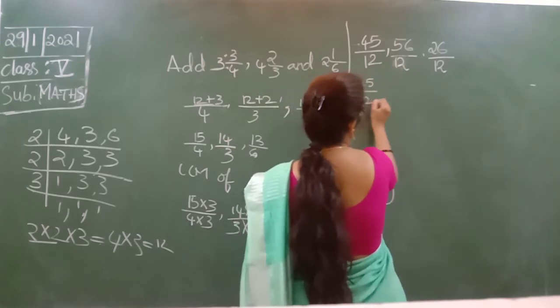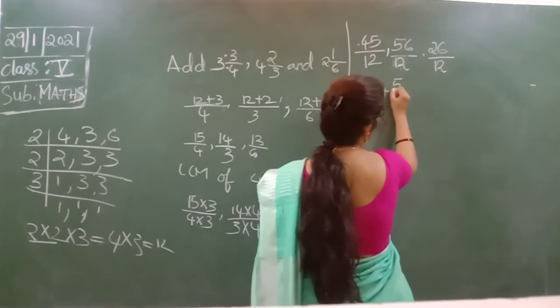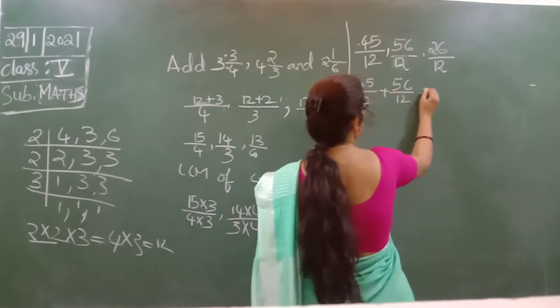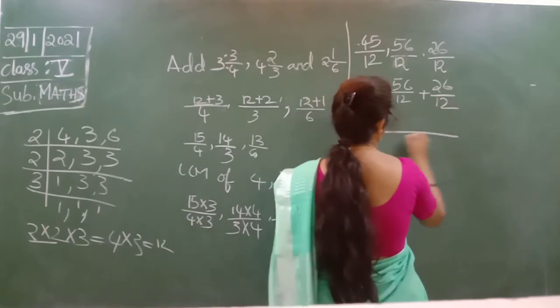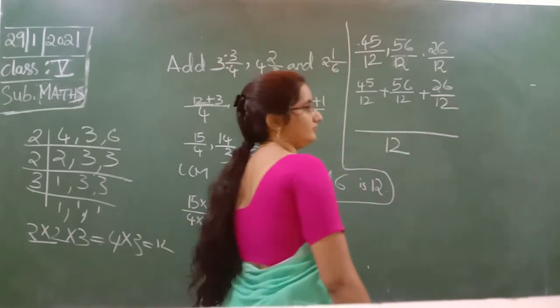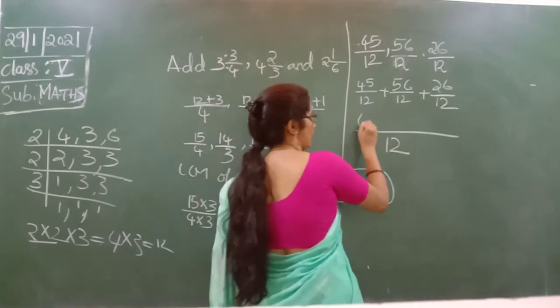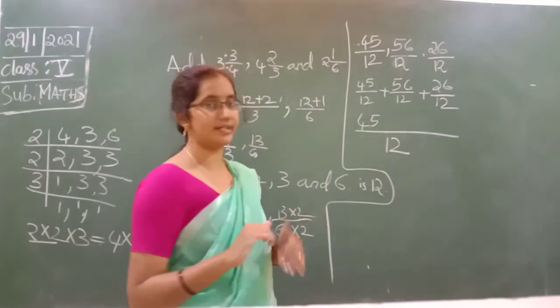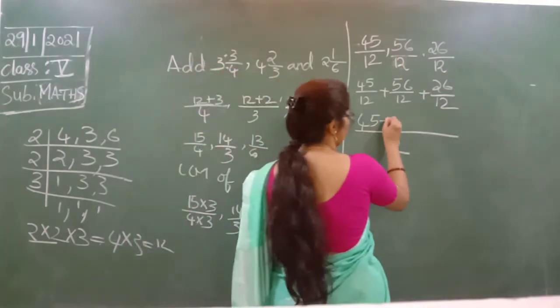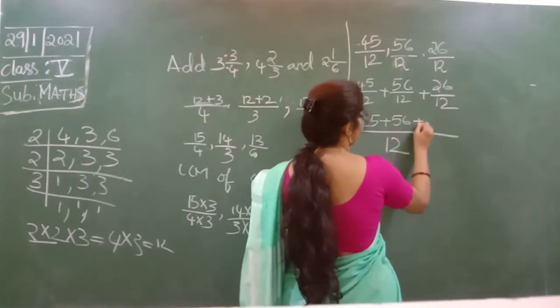Now add all this: 45 by 12 plus 56 by 12 plus 26 by 12. In like fractions we can add numerators directly: 45 plus 56 plus 26.